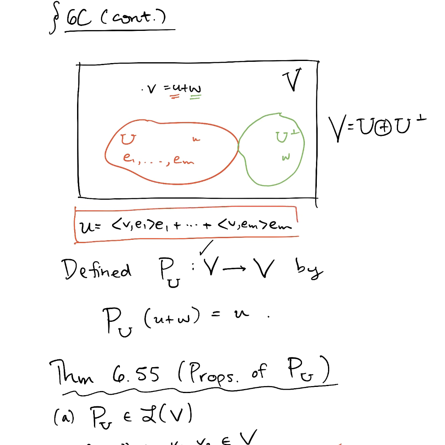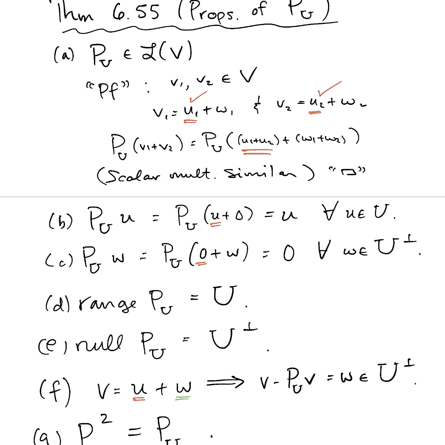This comes from our proof of the direct sum statement. The piece that's in the red is that. That's how you find the piece that's in the red. And that's part I.